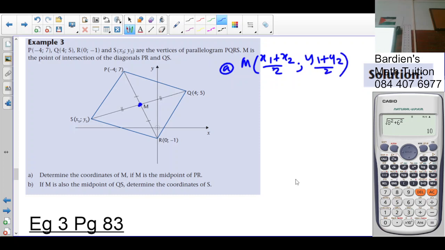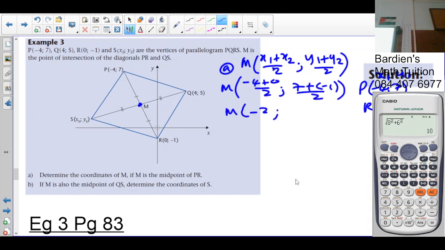So we're using P, which is negative 4 and 7, and R, which is 0 and negative 1. If that is x1, y1, x2, y2, then M is (negative 4 plus 0) over 2, (7 plus negative 1) over 2. So that gives you negative 2 and 3.